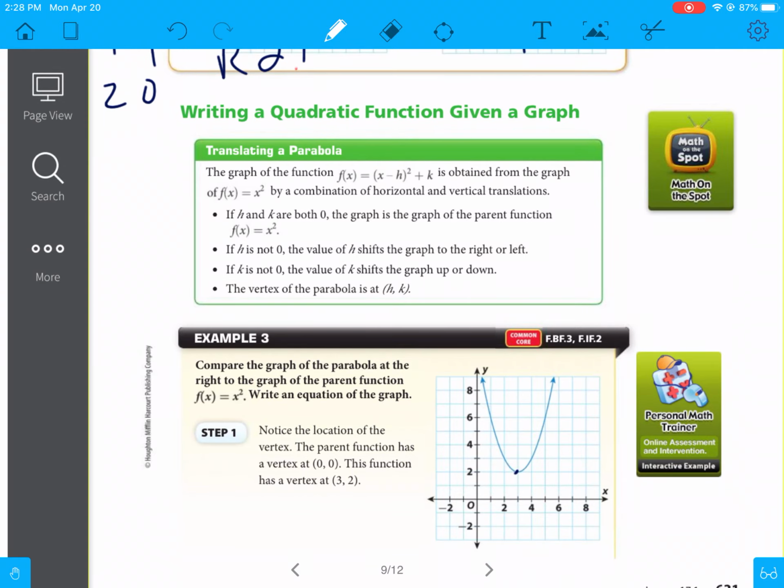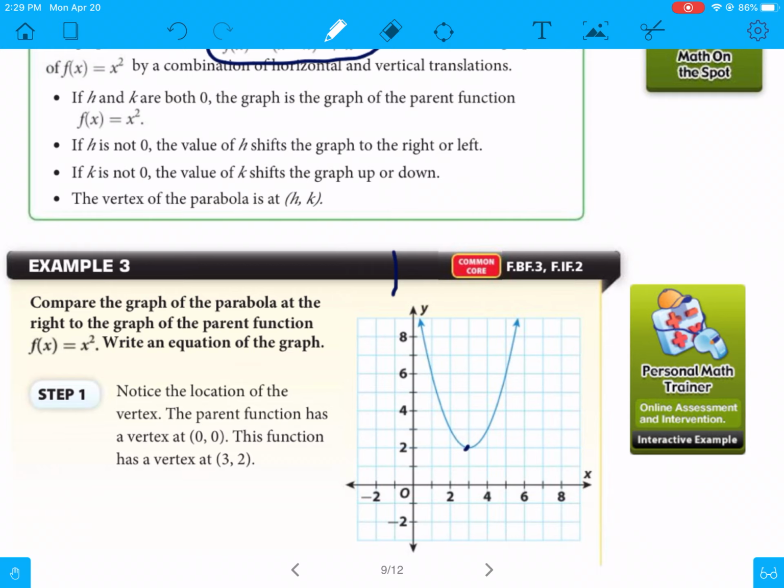Okay, so now writing a quadratic function given a graph. The graph of a function f of x equals x minus h squared plus k is obtained from the graph. If you look here, this one went up 2 units, so we're going to have our +2.